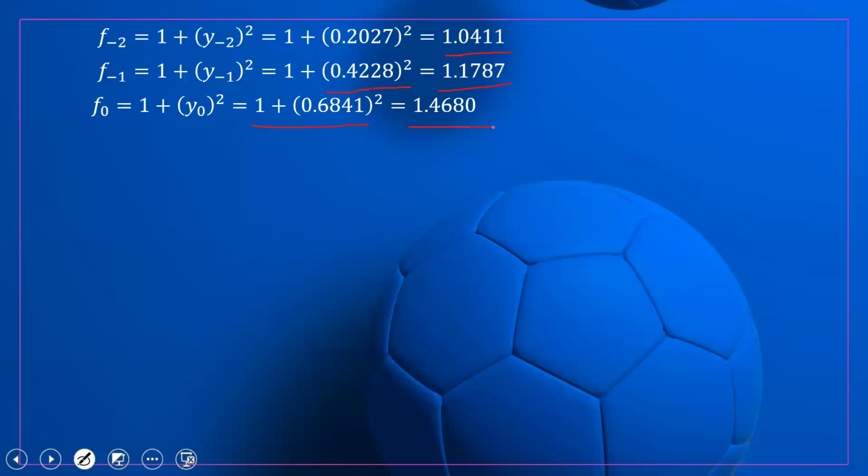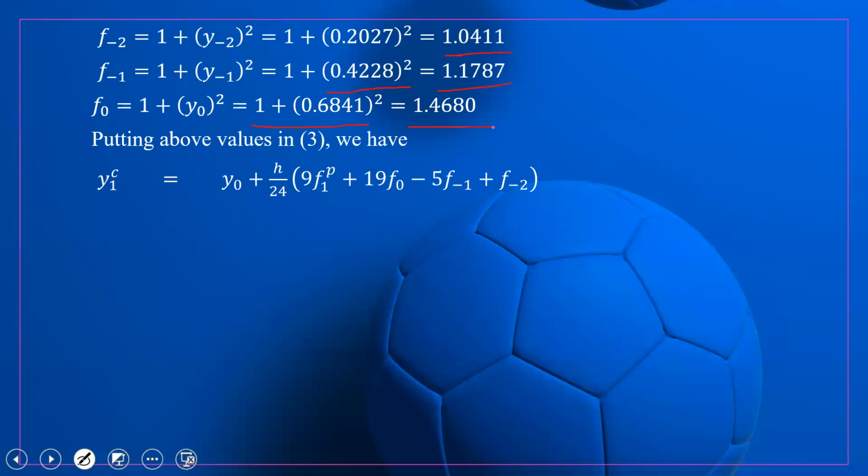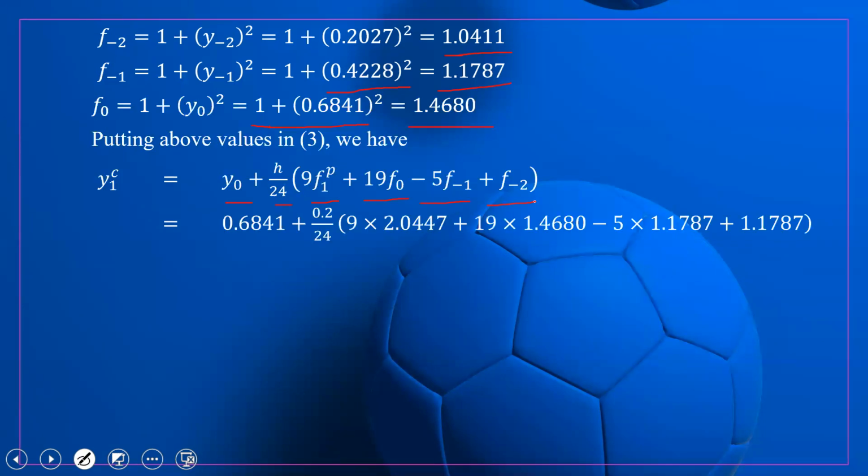So putting our values in formula 3, we have y1c is equal to y0 plus h upon 24 times 9 times the predicted value of f1, plus 19 into f0 minus 5 into f of minus 1 plus f of minus 2. The value of y0 is 0.6841. The value of h is 0.2.